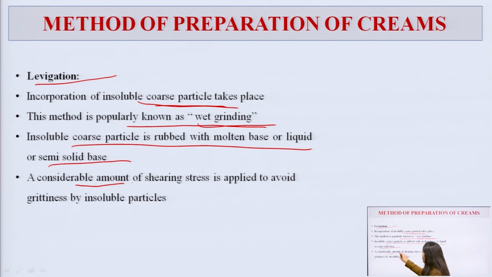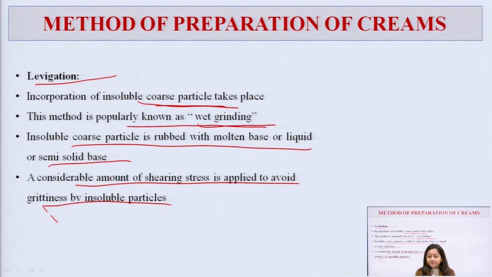A considerable amount of shearing stress is applied to avoid grittiness by insoluble particles. When we are formulating creams or ointments or any other semi-solid dosage form by levigation method, basically the major active pharmaceutical ingredient is present in the coarser particle range. So, the particle size is high there.